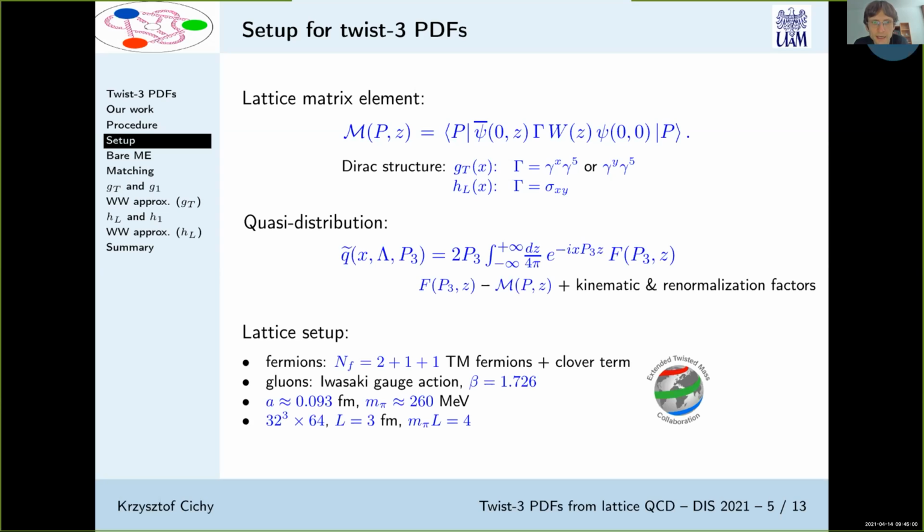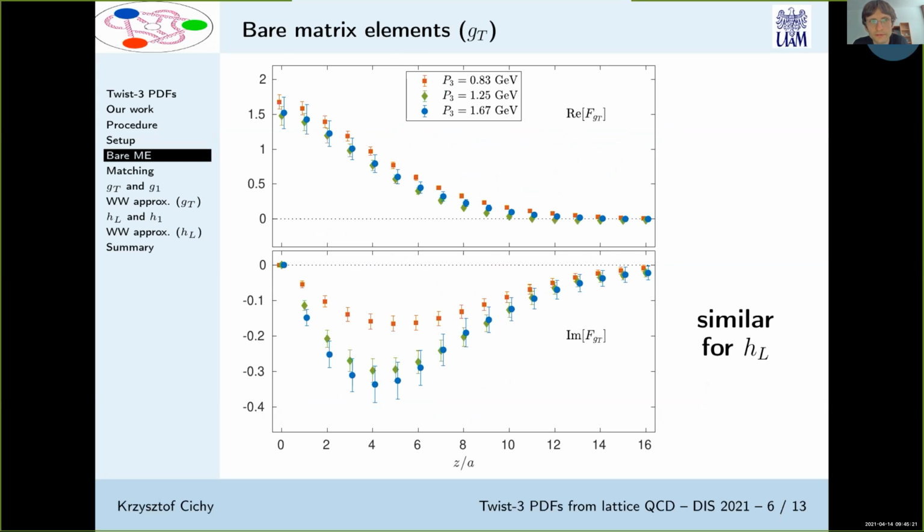Our lattice setup is Nf equal 2 plus 1 plus 1 twisted mass fermions with a Clover term and Iwasaki gluons. The lattice spacing is around 0.09 Fermi. We work in this exploratory study at a non-physical pion mass, roughly twice heavier than the physical pion mass. First, the bare matrix elements. There is not yet any physics in this, there are divergences, but nevertheless you can see already some signs of convergence in the nucleon boost.